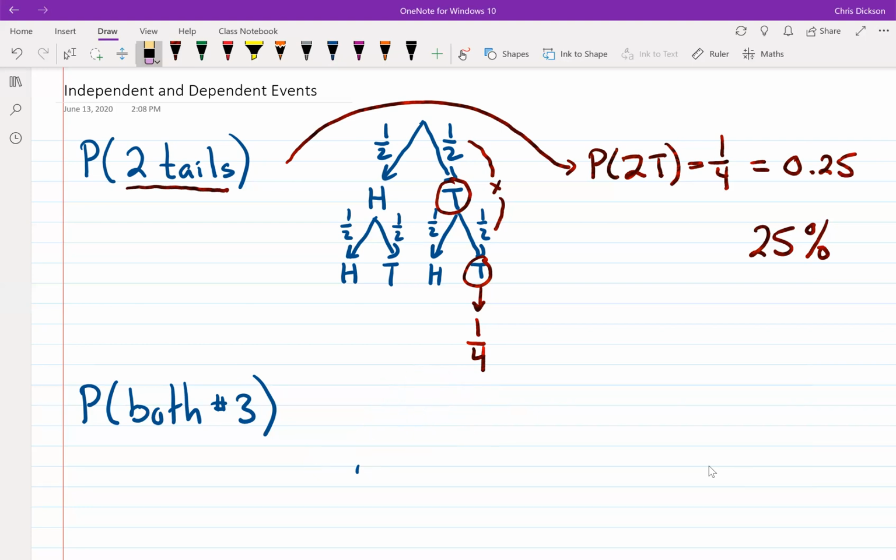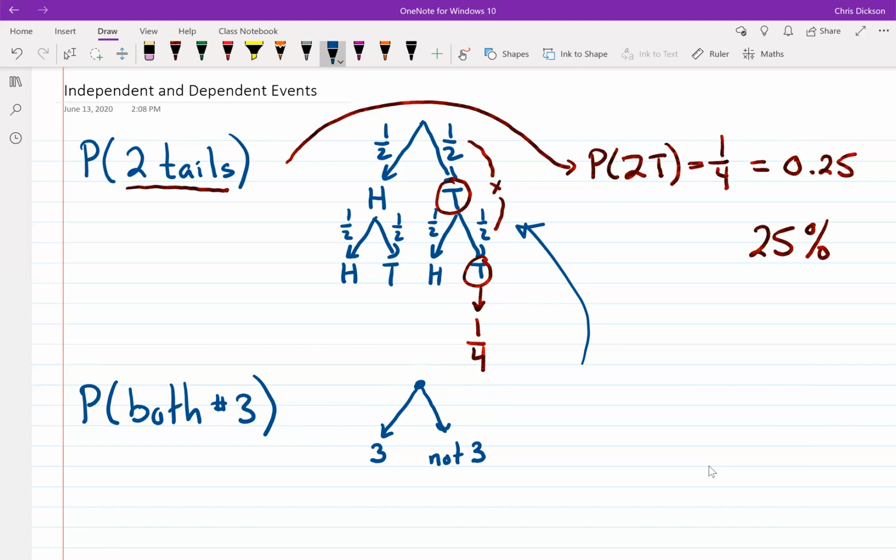And what I'm going to look at is the event I want to occur. So the first roll, I would want to get a 3. Okay, so I need getting a 3 on the first roll. And then what else could happen? Well, I guess I could not get a 3. And so what I do with my tree diagrams, I kind of make it look like the coin question now.